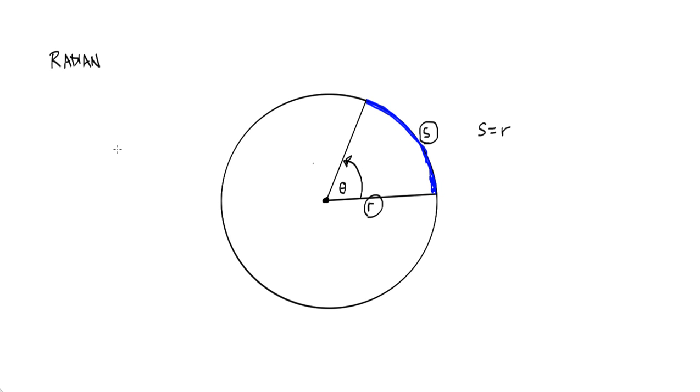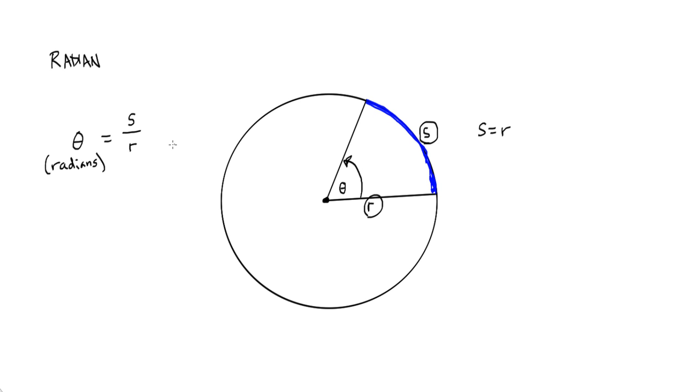We can set up a formula for this, and it says the following. An angle measurement, and we're talking about in radians now, can be defined, how many radians we have, as the length of the arc divided by the radius. That's our formula for determining the size of an angle in radians.